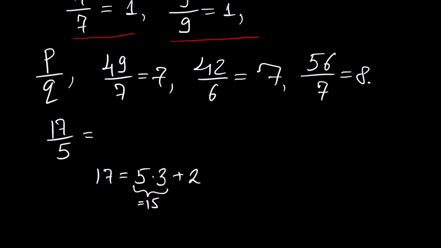That's why we write 3, and we have a remainder 2, and the denominator stays unchanged. So in this case, number 3 is called the partial quotient.